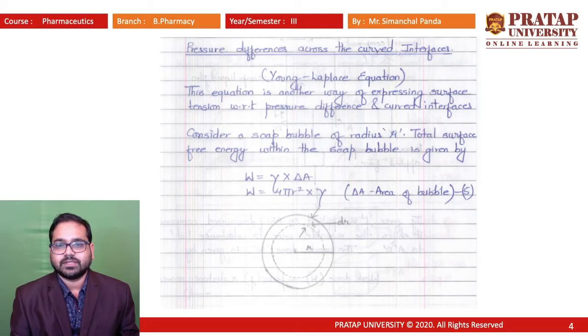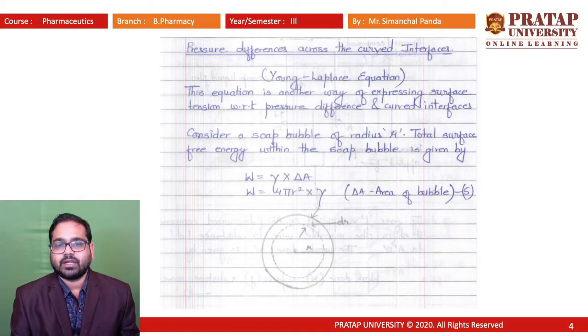We have to consider a soap bubble of radius r. The total surface free energy of the soap bubble is given by W equals gamma into delta A, where gamma is the surface tension and delta A is the change in area.